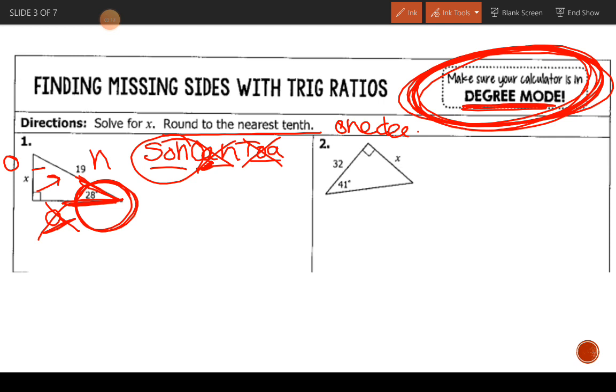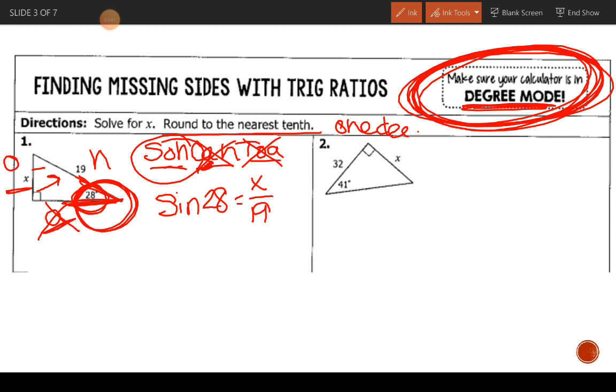So we're going to set up our equation. We have sine of 28 is equal to, now sine is opposite over hypotenuse, so opposite is x, hypotenuse is 19. Sine of the angle, 28 degrees, is equal to x over 19.